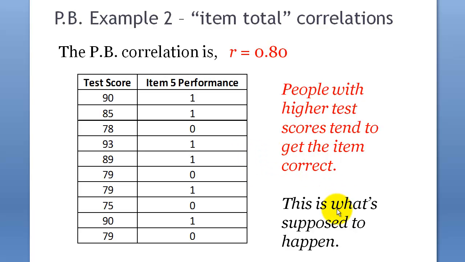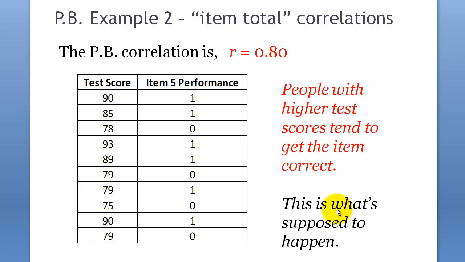What you want to see is that this question 5 is consistent with the subject area or topic being tested. So anyone who can score high on the overall exam, this is related, so the student should be able to get it right.